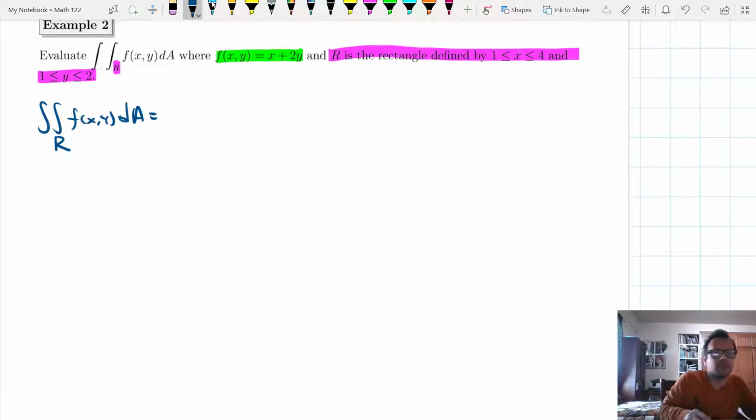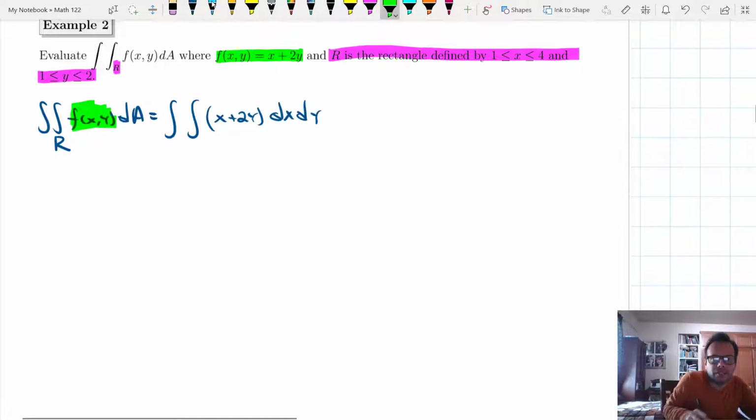So first, let me write down the function f of x, which in this case is the given function, x plus 2y dx dy. So let me highlight the function that we are working on.